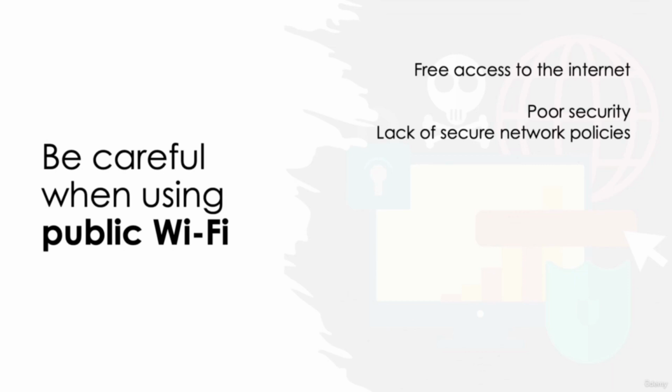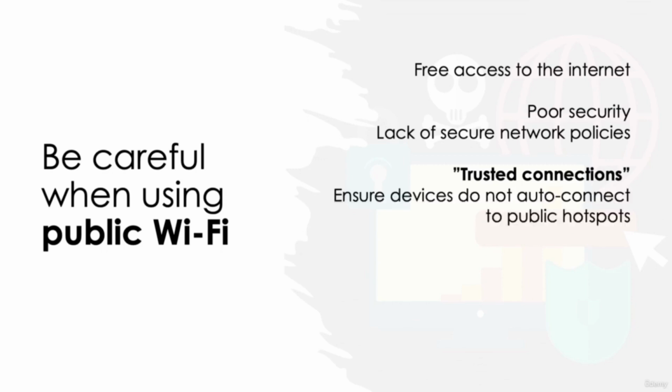It's quite typical for our devices such as smartphones, tablets, and laptops to store Wi-Fi networks as trusted connections, meaning they will auto-connect to the Wi-Fi network when you're within reach of it. This is perfectly fine for certain networks such as your home Wi-Fi or the wireless network at your office. However, when it comes to public Wi-Fi networks, you should ensure your device isn't set to auto-connect without you even knowing.